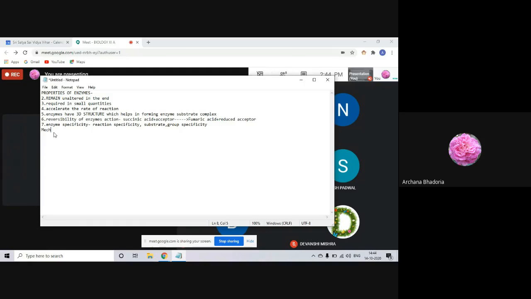Write down mechanism of enzyme action. Remember, children, there is only one mechanism, that all the enzymes work on the same steps. What is the first step in their action?